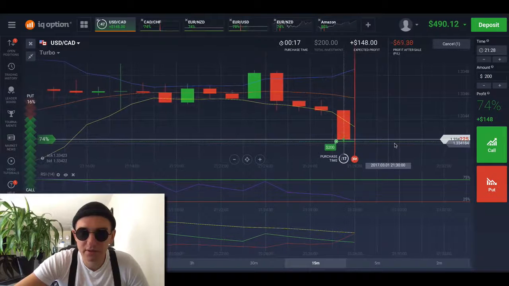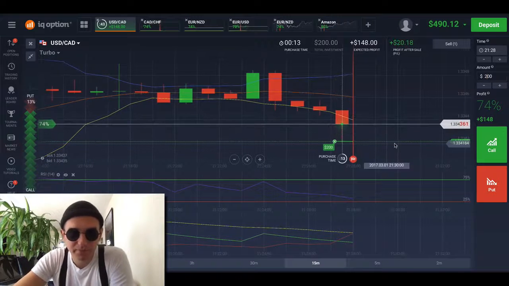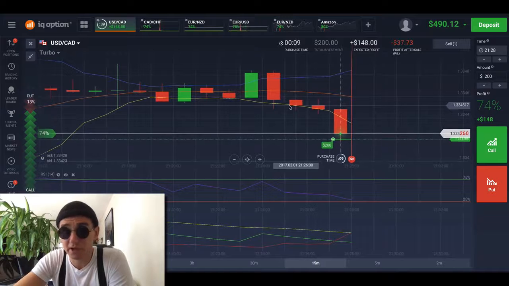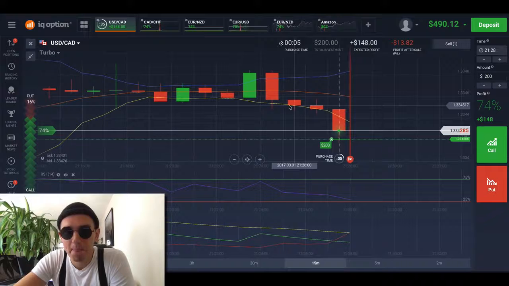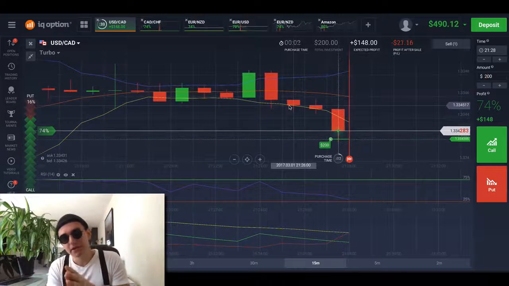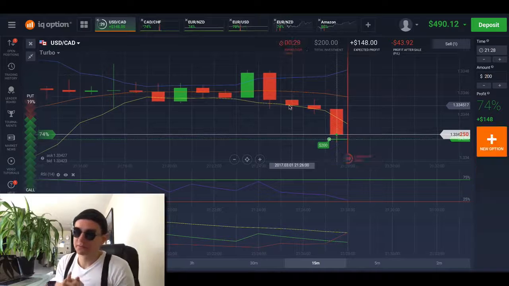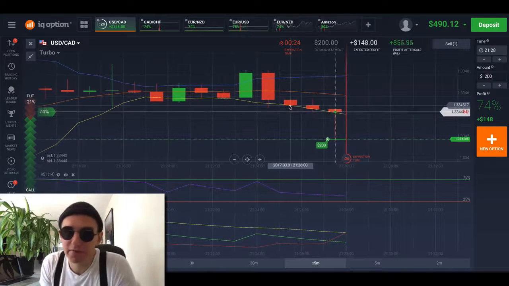So I am applying the martingale strategy. If my stake lost, I multiply it by 2, and in case my next stake wins, I'm gonna get my money back and even make some slight profit on top of that.